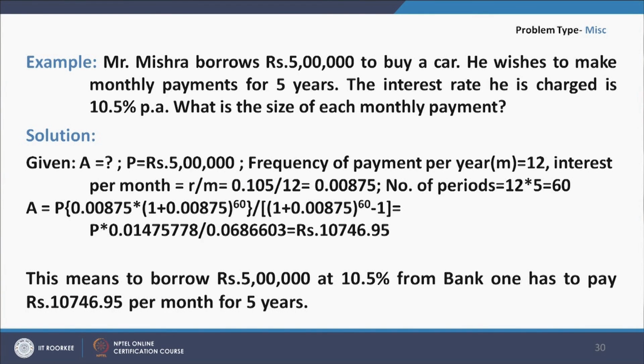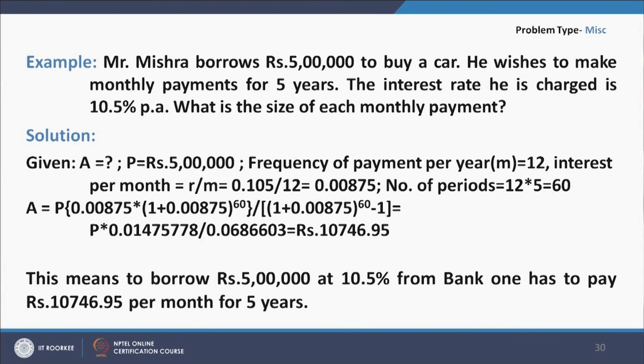Another mixed type of problem we take. Mr. Misra borrows rupees 5 lakh to buy a car. He wishes to make monthly payments for 5 years. The interest rate he is charged is 10.5% per annum. What is the size of each monthly payment? Obviously, we need the value of A, that is the annuity. P is 5 lakhs, frequency of payment per year m is 12, that is, per month we have to pay.